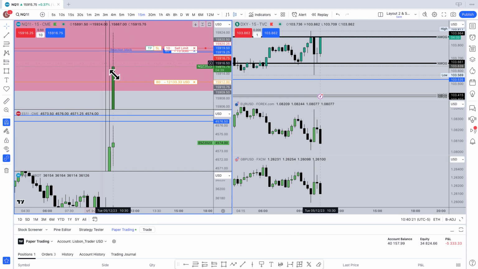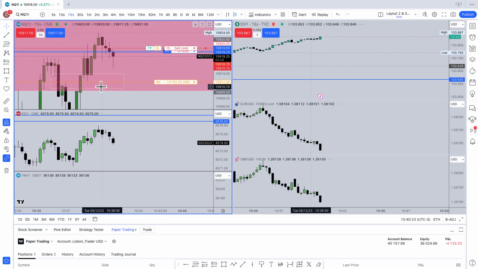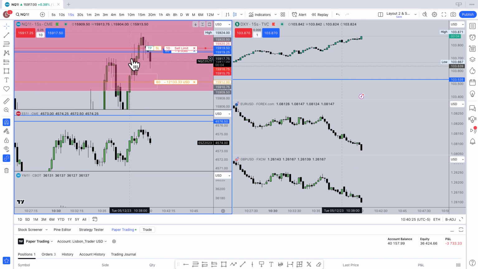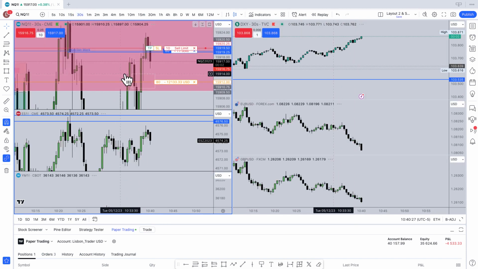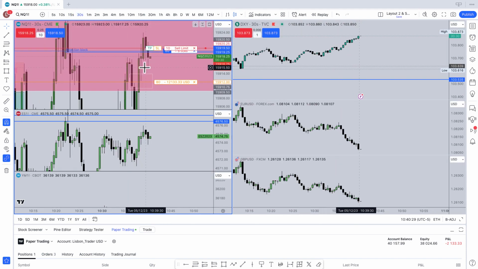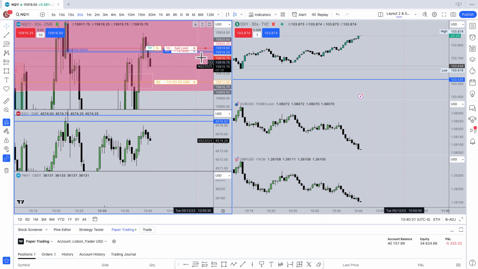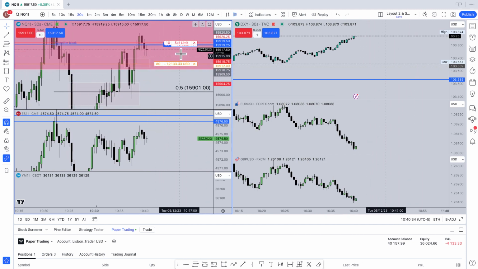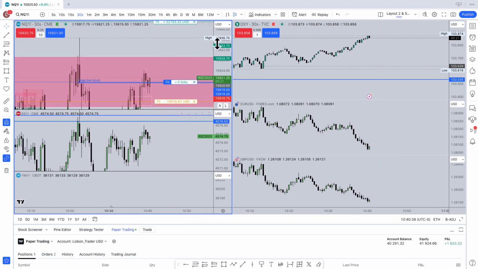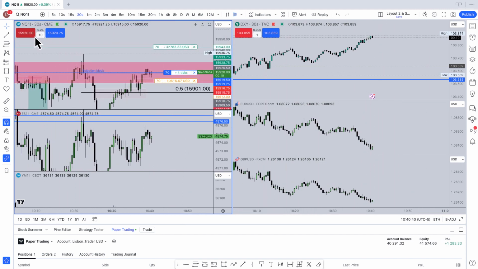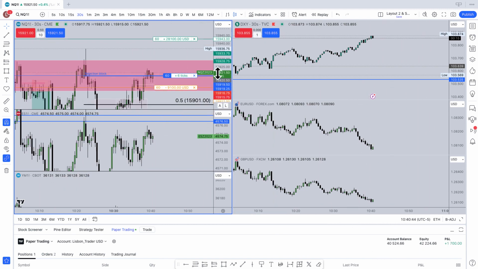So this rejection block is causing some damage. It pierced this order block. Constant encroachment. Now it has pierced it, putting some more into equity.